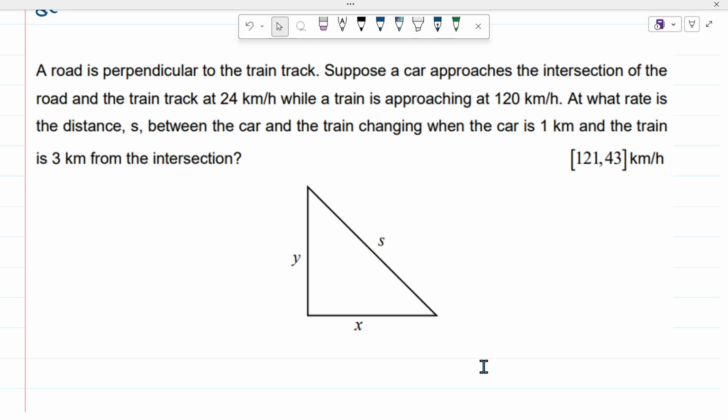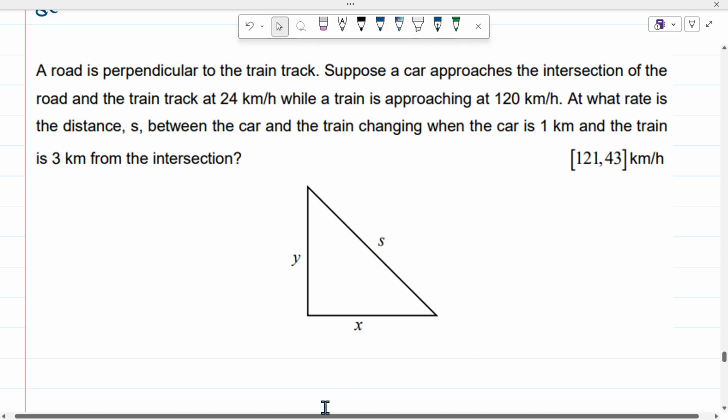Suppose a car approaches the intersection of the road and the train track at 24 kilometers per hour, while a train is approaching at 120 kilometers per hour. At what rate is the distance s between the car and the train changing when the car is 1 kilometer and the train is 3 kilometers from the intersection?